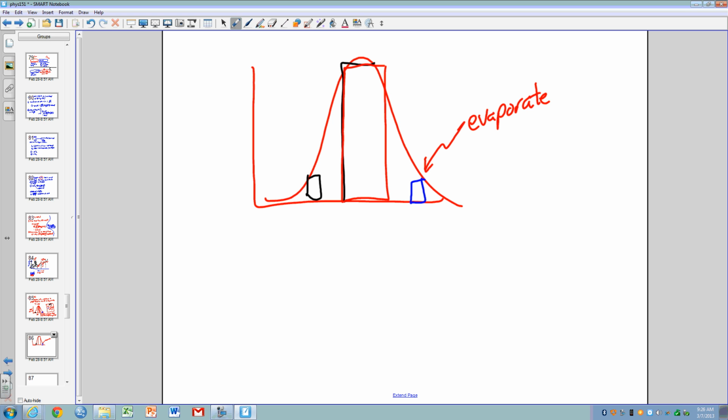If a particle sublimates, this occurs in your freezer a lot. We'll talk about this. To sublimate means that a gas becomes a solid.